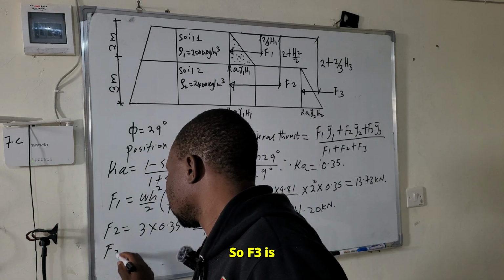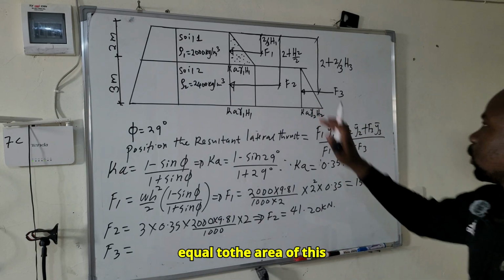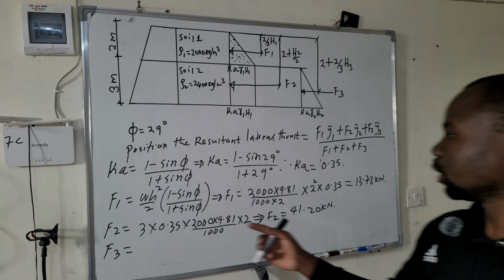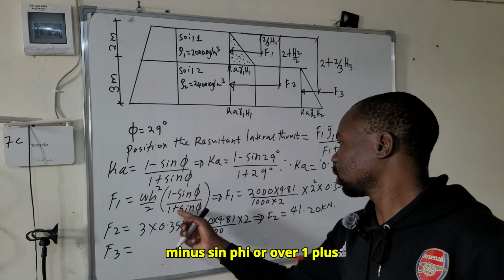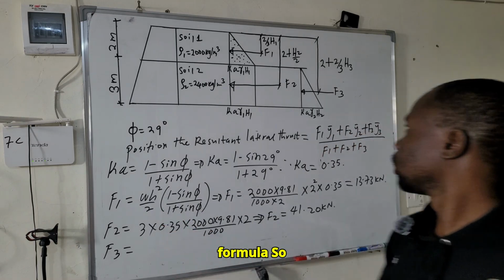We proceed to F3. So F3 is equal to the area of this, or you use WH square over 2 into bracket 1 minus sine phi over 1 plus sine phi. So let's use this formula.